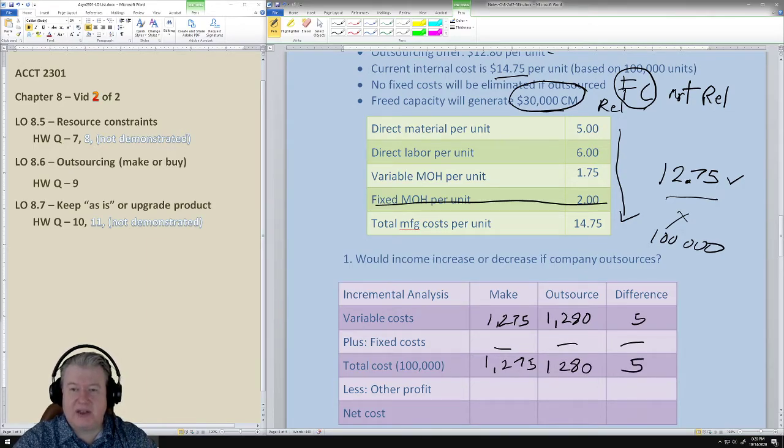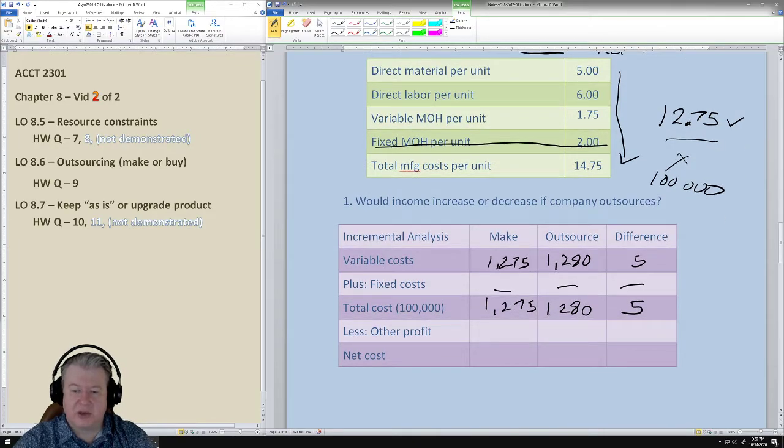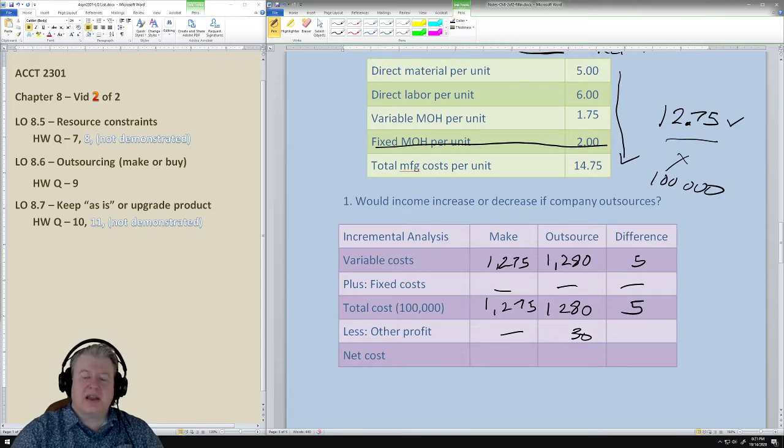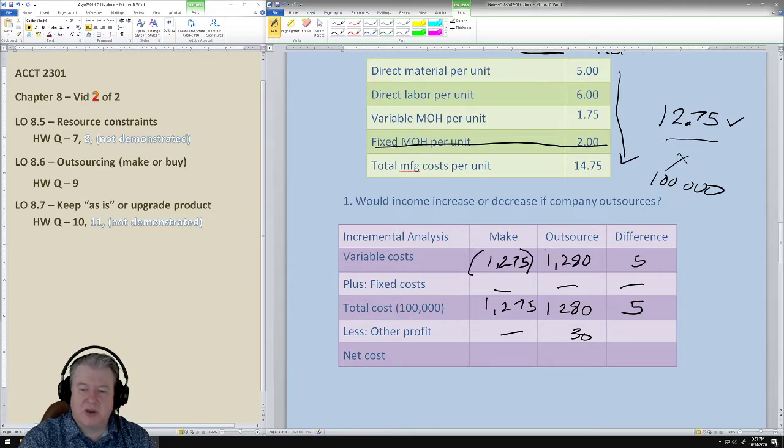Now we do have this 30,000 of extra contribution margin. So there's no extra profit if we continue to make it, but if we outsource it, 30. When we're doing this, you have to remember which direction these numbers are going. These are costs, in other words, this is reducing profit. So maybe we should just put these in parentheses, right?